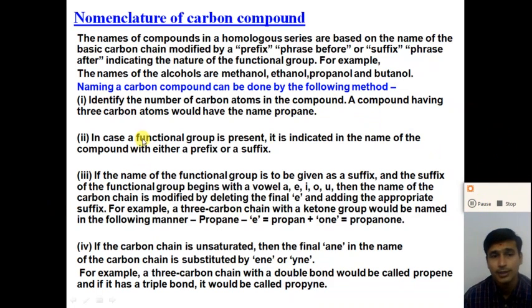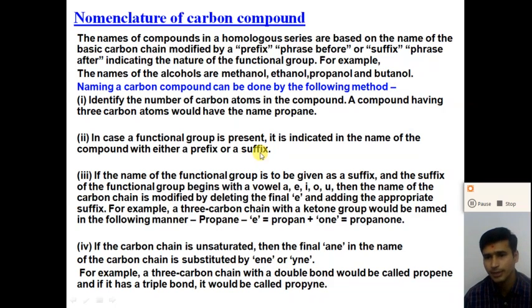Next step, in case a functional group is present, it is indicated in the name of the compound with either a prefix or suffix, right? So the second step is to identify which type of functional group is present in the carbon compound, and indicate the name of the carbon compound with either a prefix or a suffix, right?